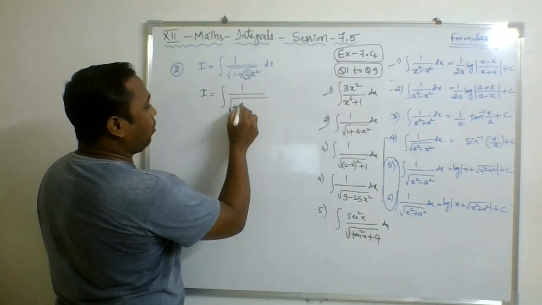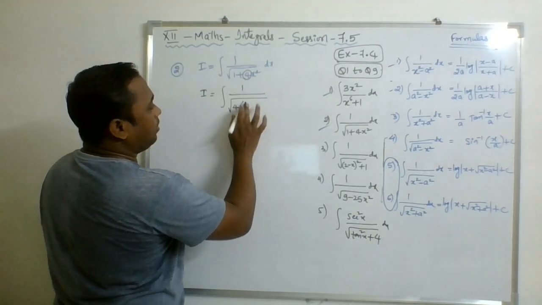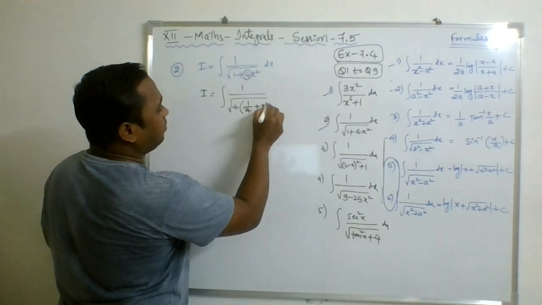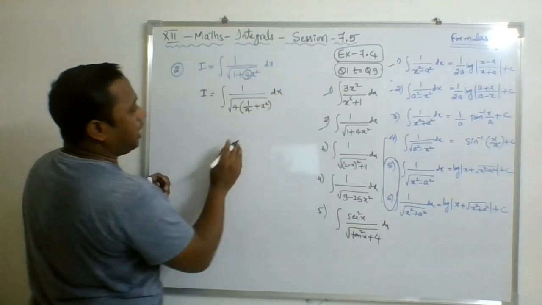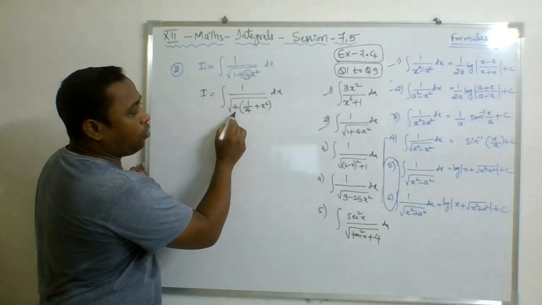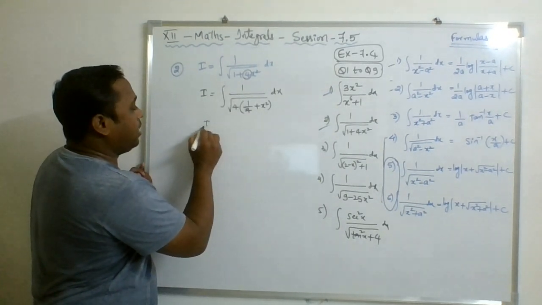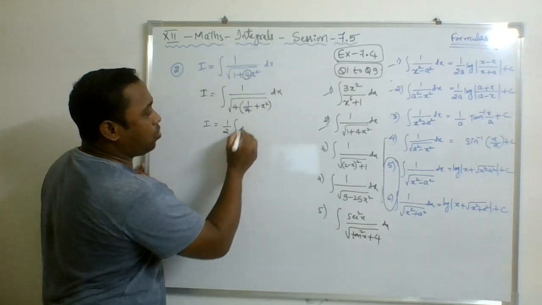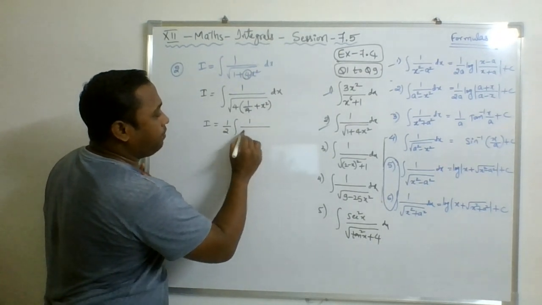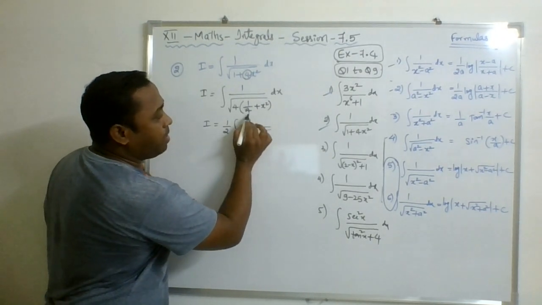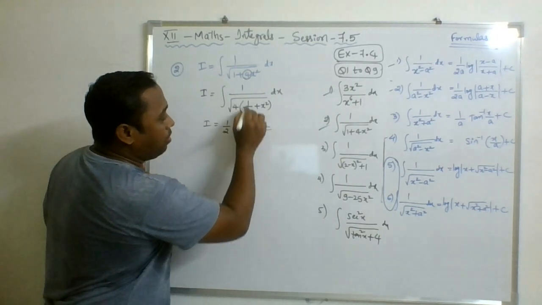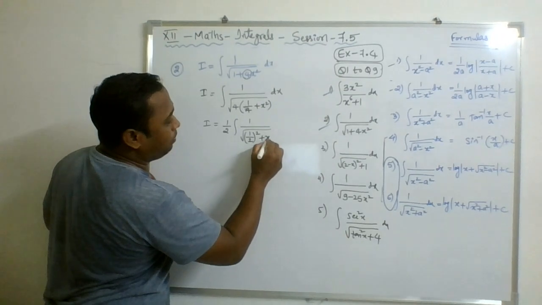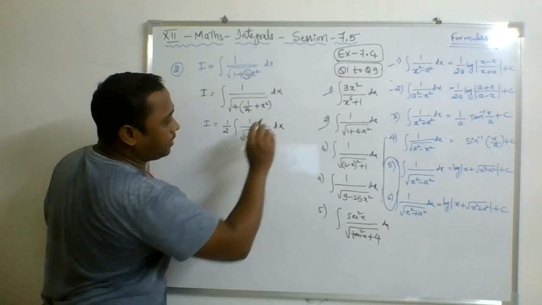If I take 4 as a common factor, then the factor becomes 1 by 4 plus x square inside. And as I know, root 4 value is 2, so the next step would be 1 by 2 as a constant will come out, and we are left with only 1 by 4 plus x square. 1 by 4 can be written as 1 by 2 the whole square plus x square dx.